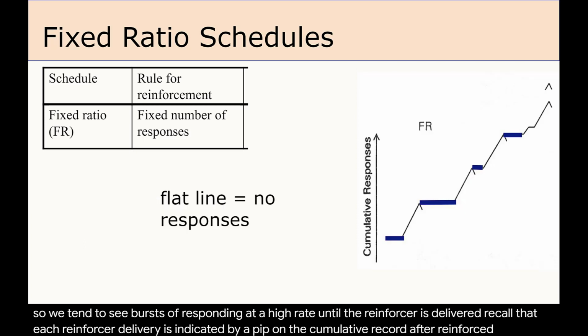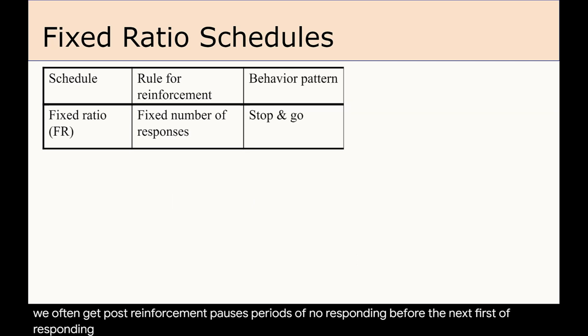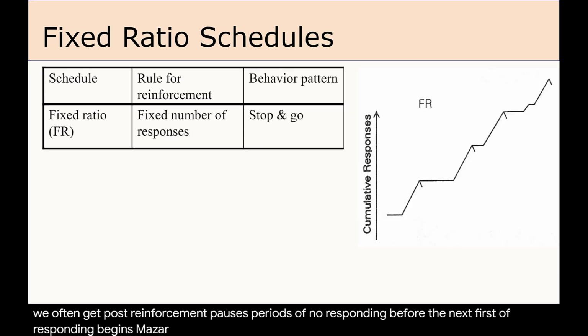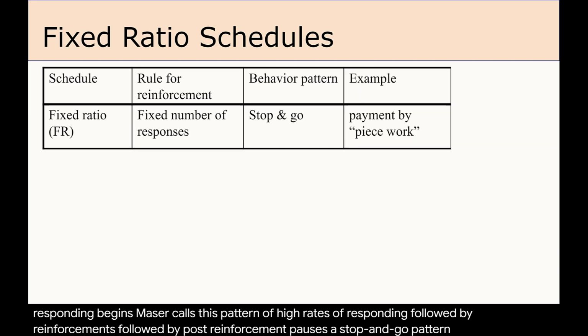After reinforcer delivery, we often get post-reinforcement pauses, periods of no responding before the next burst of responding begins. Mazur calls this pattern of high rates of responding followed by reinforcement, followed by post-reinforcement pauses, a stop-and-go pattern.